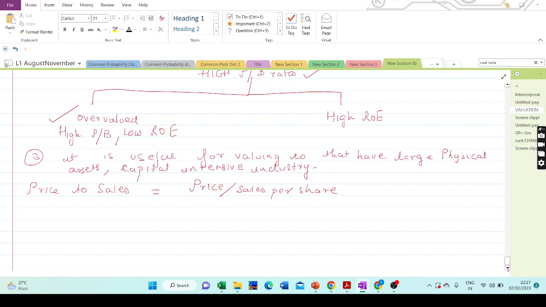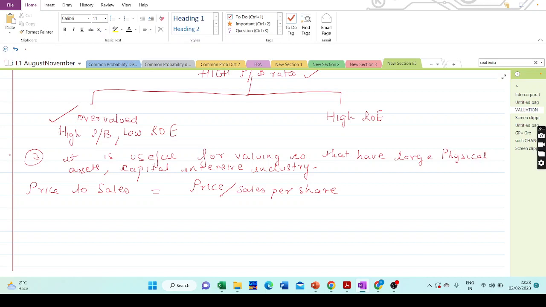So the thing is that many companies have negative earnings. If they have negative earnings, then the P/E ratio would be quite meaningless. If EPS is negative, then P can't be negative. So for stocks which have negative earnings, the P/E ratio is not useful; it basically becomes meaningless.